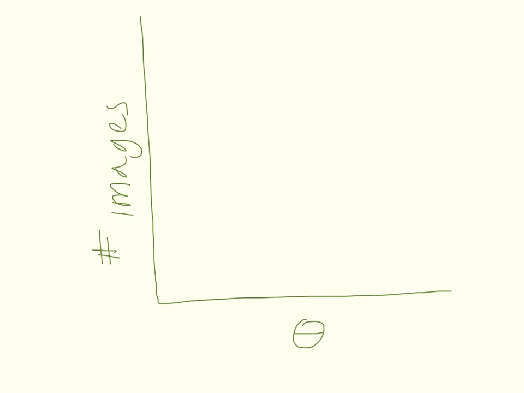So you see, if you've got your angle here going from, let's say, 0 to 360, and you've got your number of images going from 0 to infinity, or whatever the number is, as the angle is going down, so as we're going this way, the number of faces is going this way.